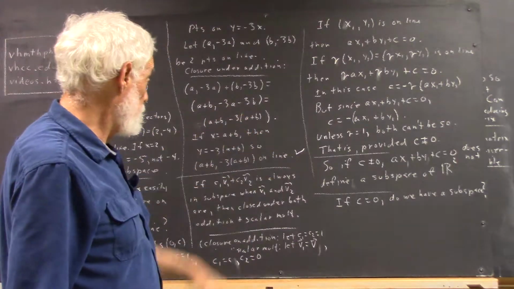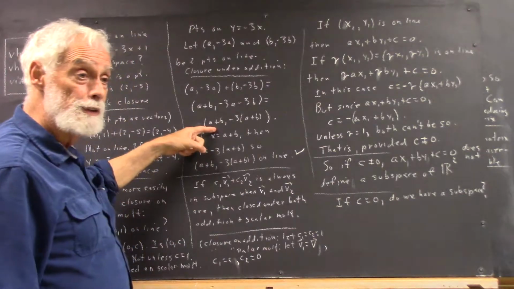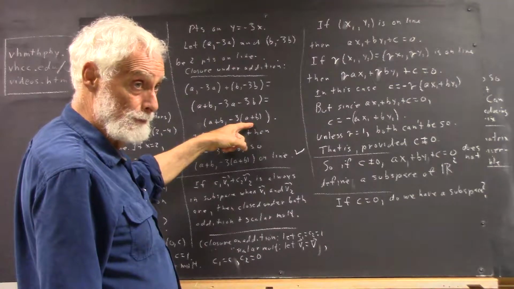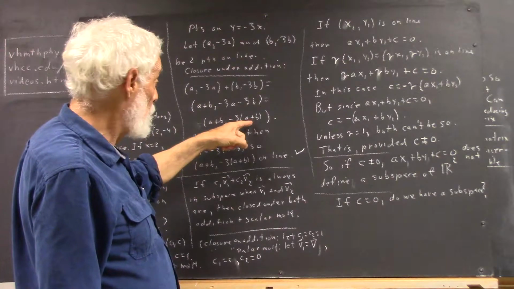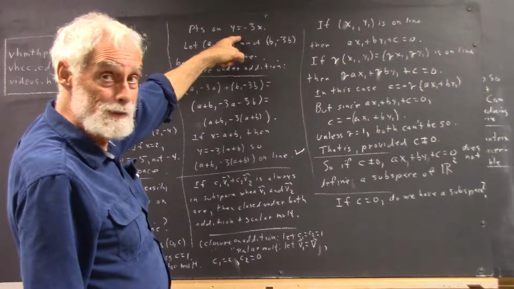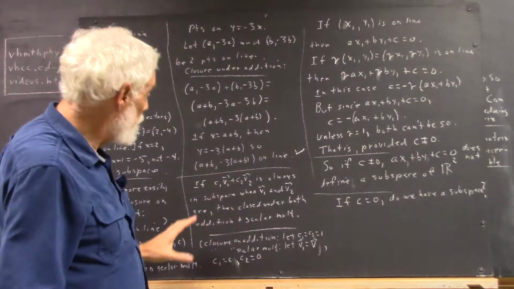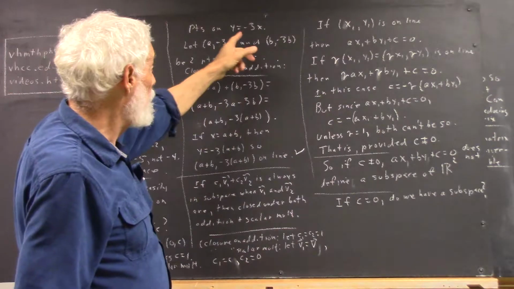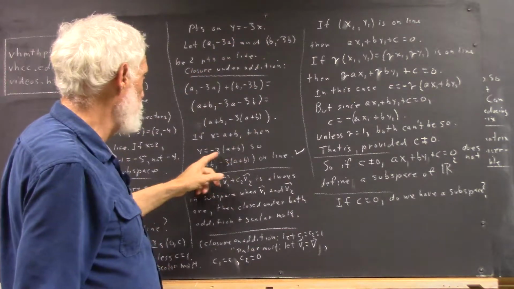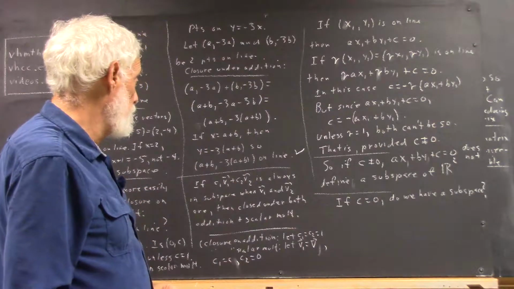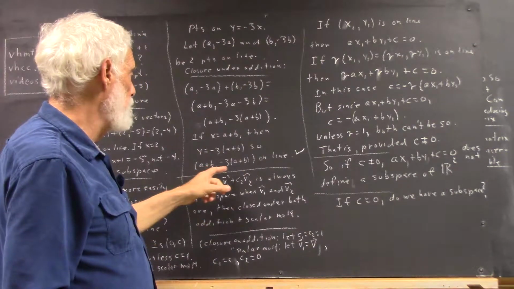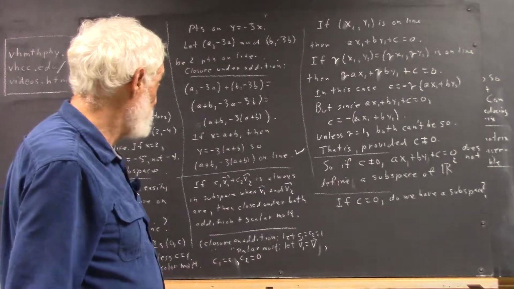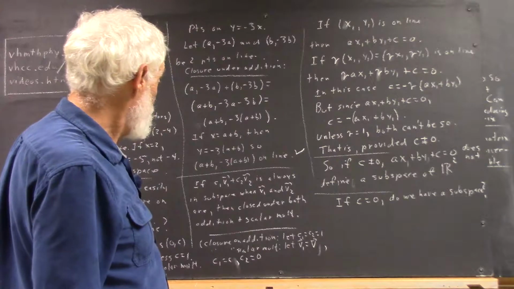Okay, is that on the line? Well, this says that x is a plus b and y is negative 3 times a plus b. Well, that alone says that y is negative 3 times x, and that's the condition for being on the line. But let's be careful and write it out. Okay, if x equals a plus b, then y is negative 3x, which is negative 3 times the quantity a plus b. So the point a plus b, negative 3 times a plus b is on the line. Okay, there's a proof.